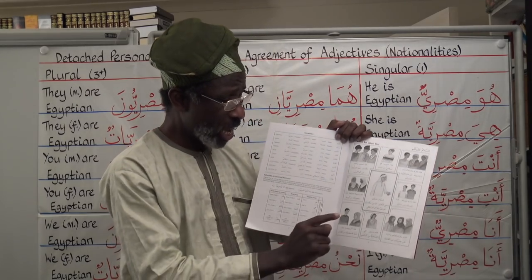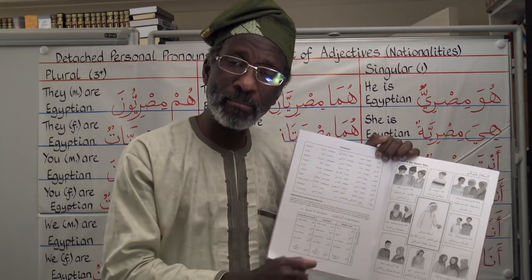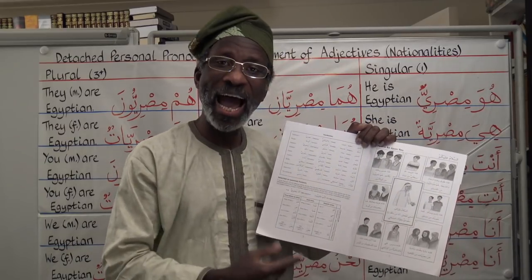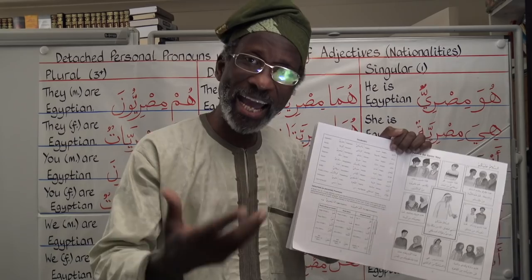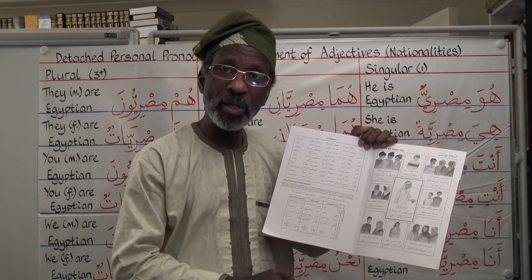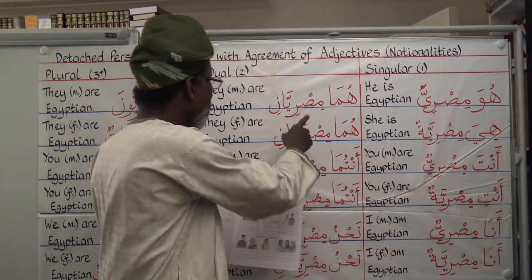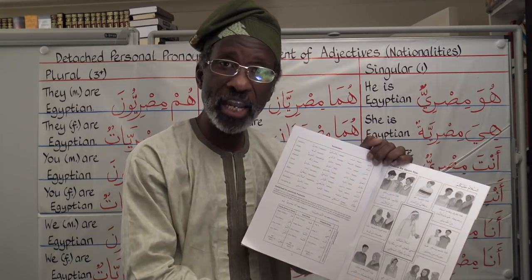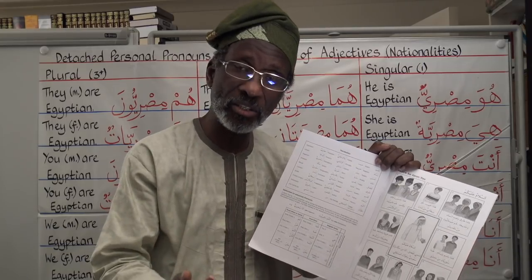Number 6. هذا أكرم. Akram is a male name. وهذه حنان. And this is Hanan. Hanan is a female name. There are 2 of them. We say Huma, and we use Philistiniani. They are Palestinians.